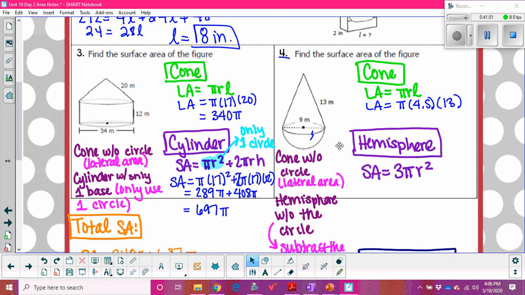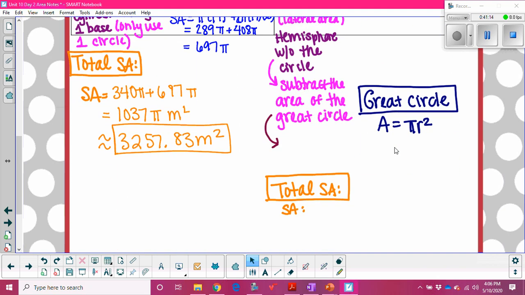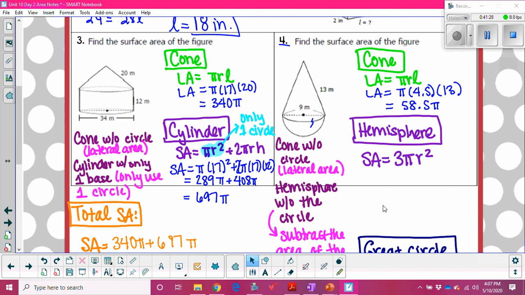We're going to leave this in terms of pi, and we get 58.5 pi. Okay, so I'm going to come down here on total surface area and go ahead and plug that in because I'm going to have to add all these surface areas together, right? So one of these is going to be 58.5 pi.